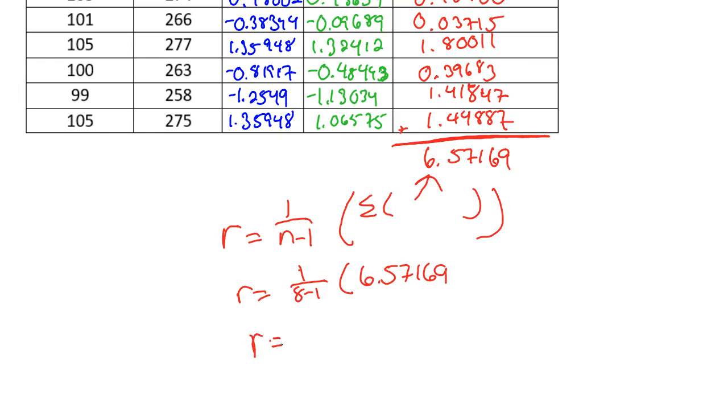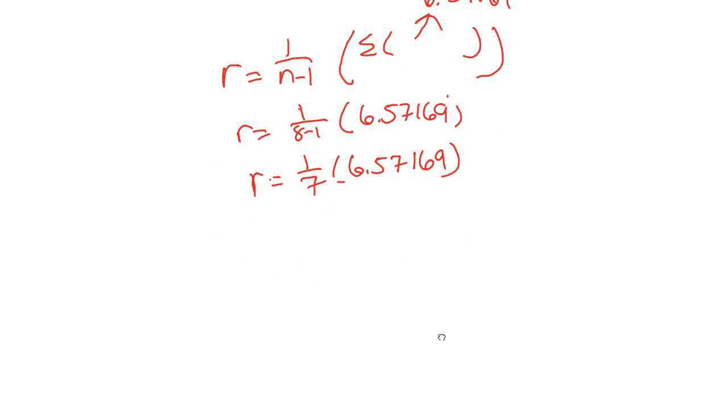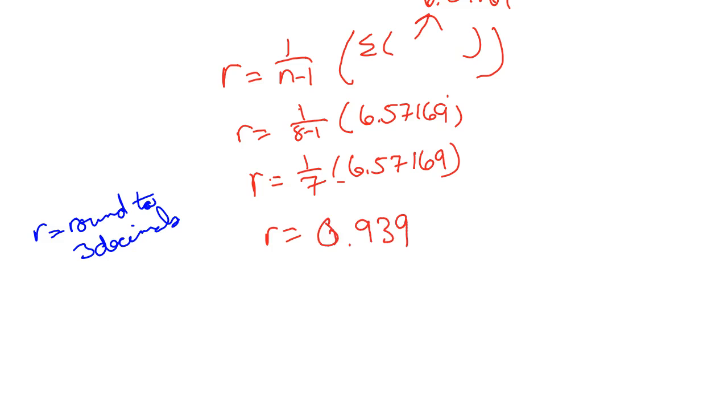And so I get R is equal to 1 over 7 times 6.57169. And whenever I multiply that out and round to 3 decimals, so let me make a note, R rounded to 3 decimals, I'm going to get 0.939.